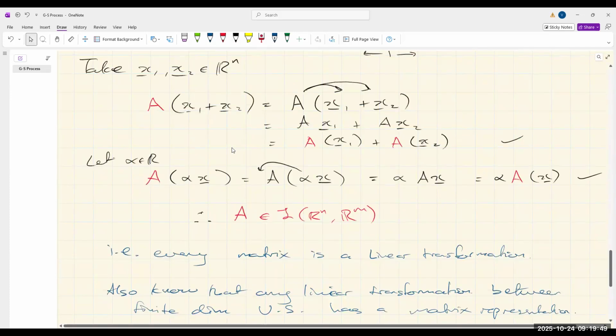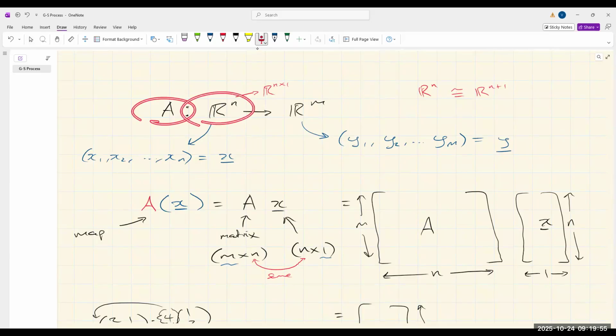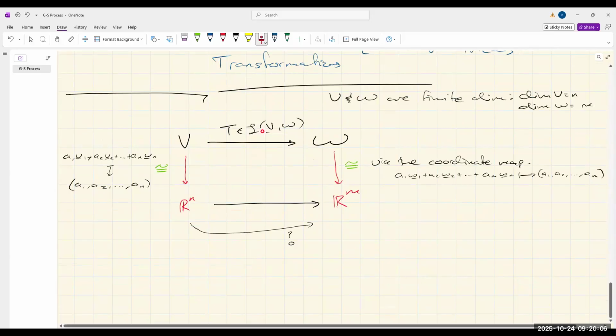Look, matrix multiplication takes a vector in Rn to Rm. So I can make a linear transformation from here into here.